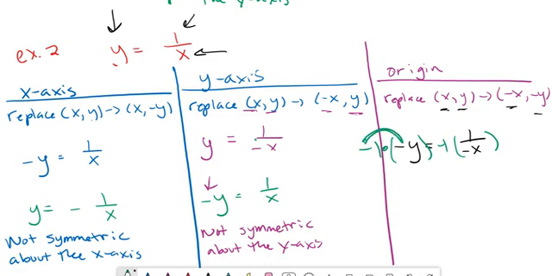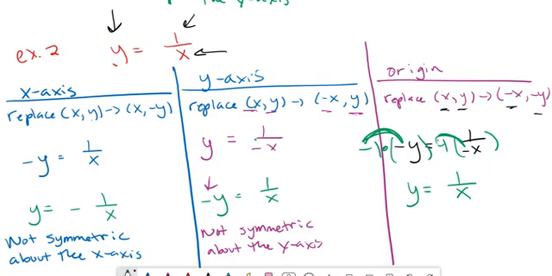So negative times negative, that gets me back to a positive y. And negative times a negative, that gets me back to a positive x. So remember, it's an equation. As long as I multiply both sides times the same number, which happened to be negative 1 this time, as long as I'm equal and fair and I multiply all the terms on each side times that same number, then it's still a balanced equation.